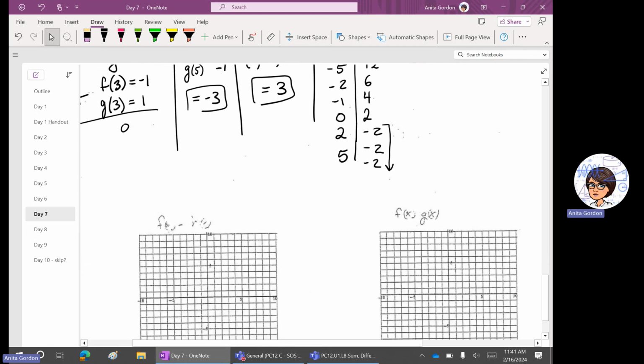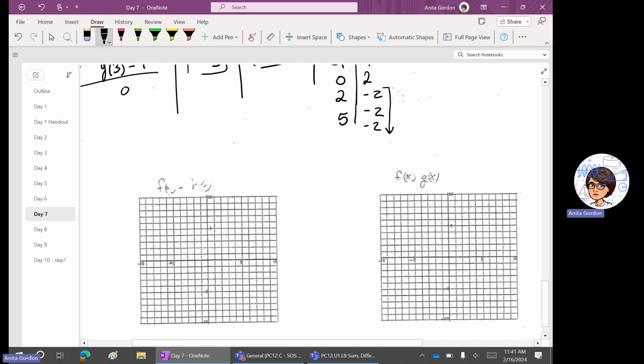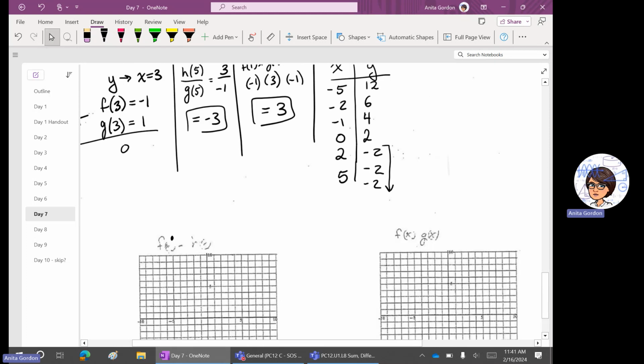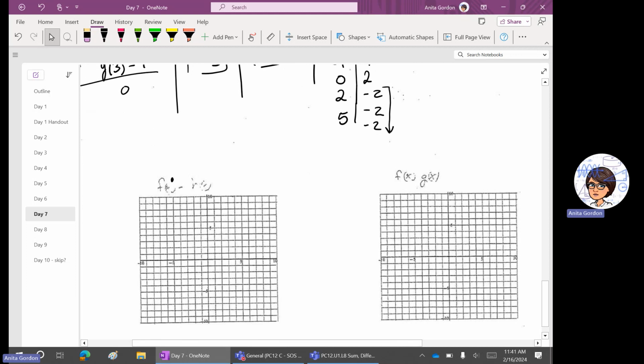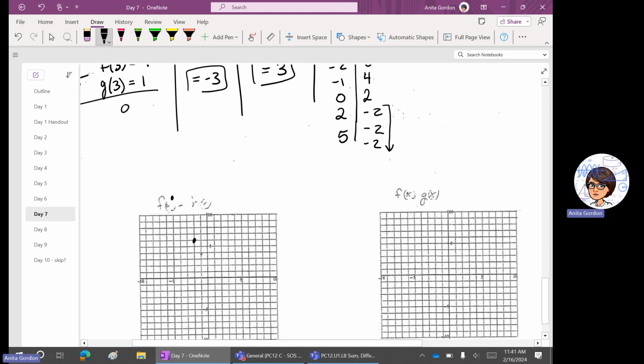So let's plot these points. -5, +12. It's actually a little bit off our chart here. That's okay. We'll just pretend. -2, +6. -1, +4. 0 is 2.